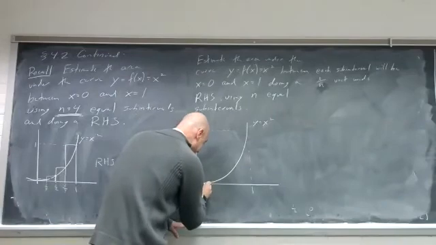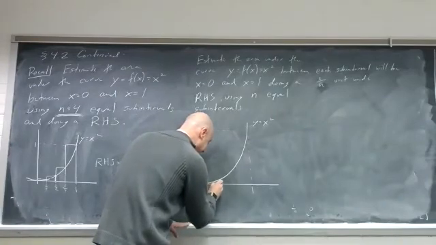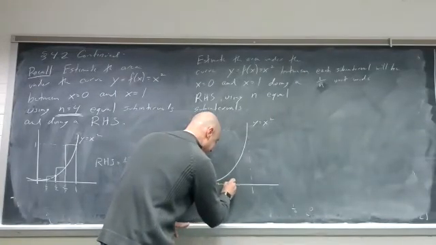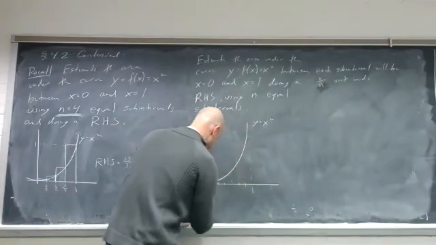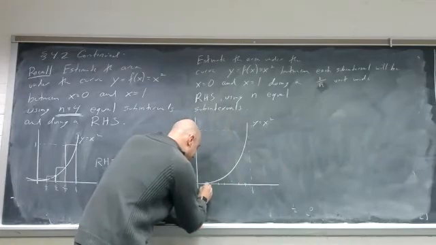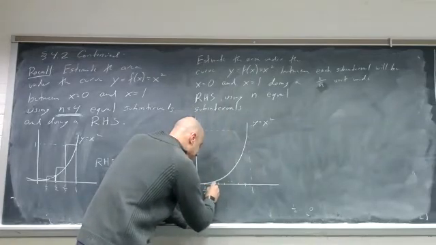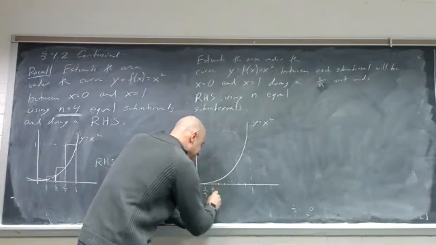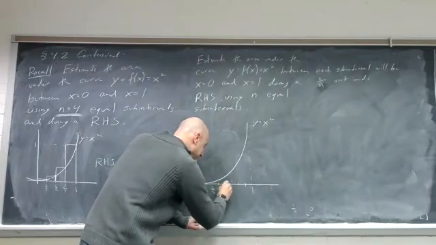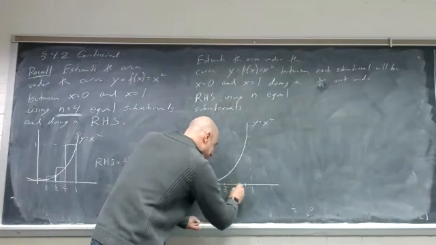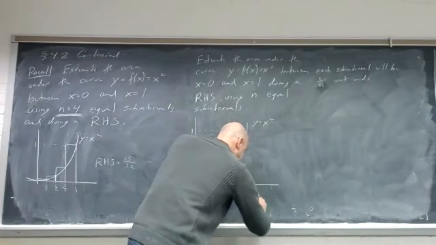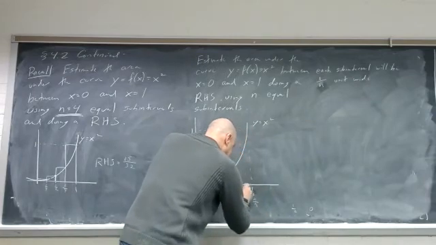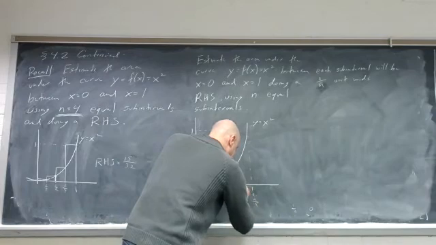So we break this up into n parts. I don't know how many parts it is. I'm going to leave it unspecified. So dot, dot, dot. The first dividing line is going to be at 1/n. And the second dividing line is going to be at 2/n. And the third dividing line is 3/n, 4/n, however many parts there are. So this is going to be 1, which is the same as n/n. And this is going to be n minus 1/n, n minus 2/n.